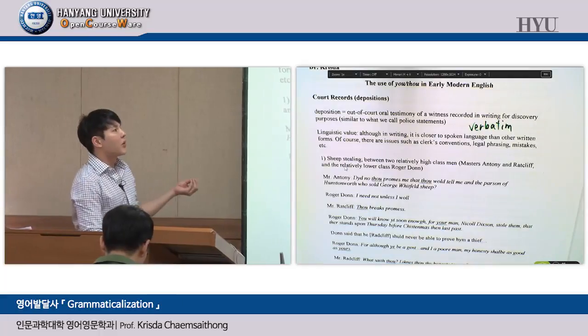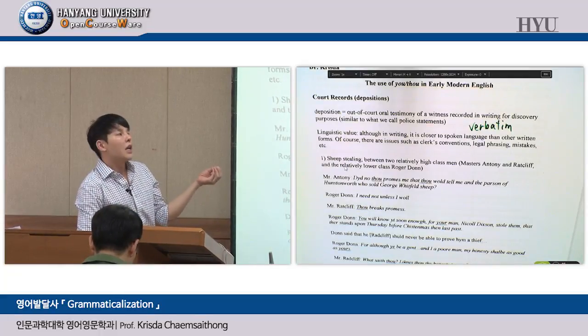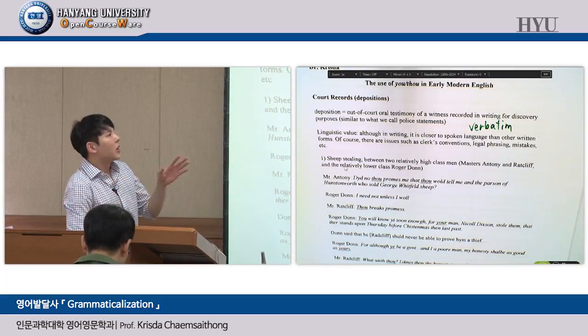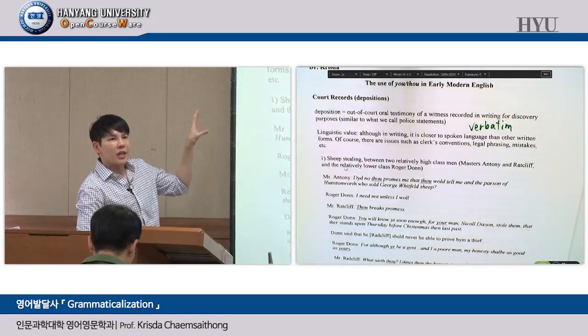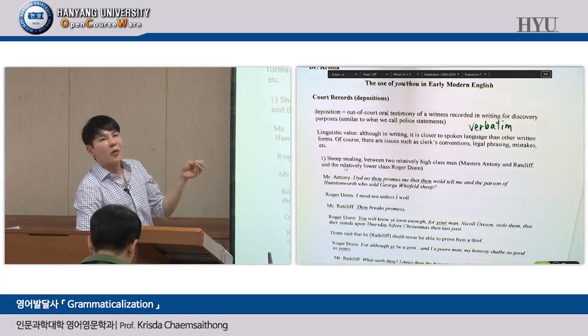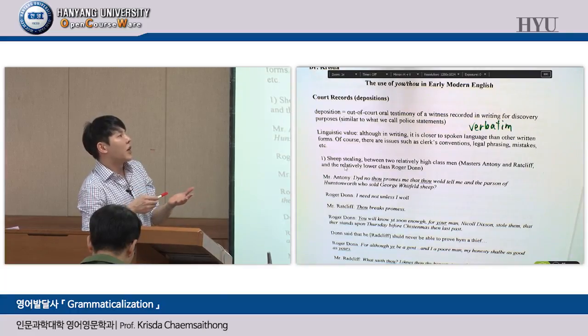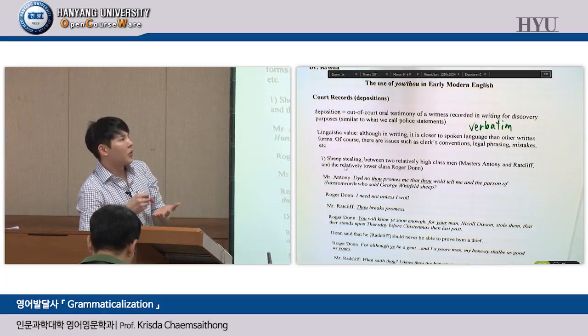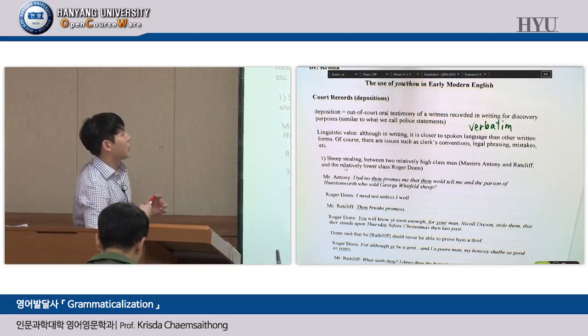In a deposition, it's important to record things verbatim, because you want to know who says what to whom. So the verbatim quality is very, very important. It's more reliable than other written records such as novels or poetry. But there are some issues: perhaps the person who wrote down the deposition had their own conventions and made their own mistakes. However, it's still one of the closest things to spoken language.